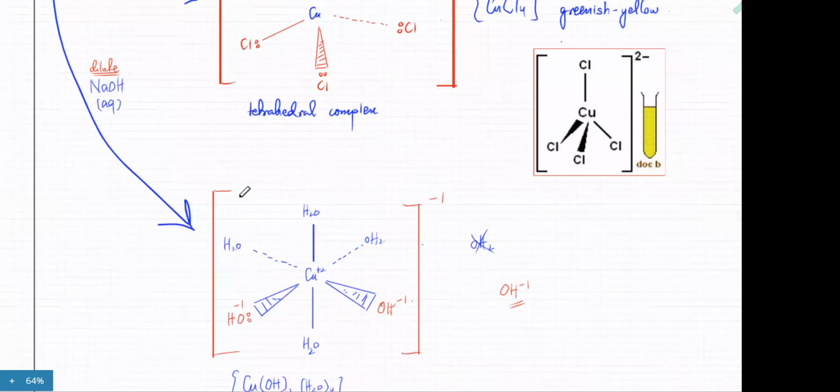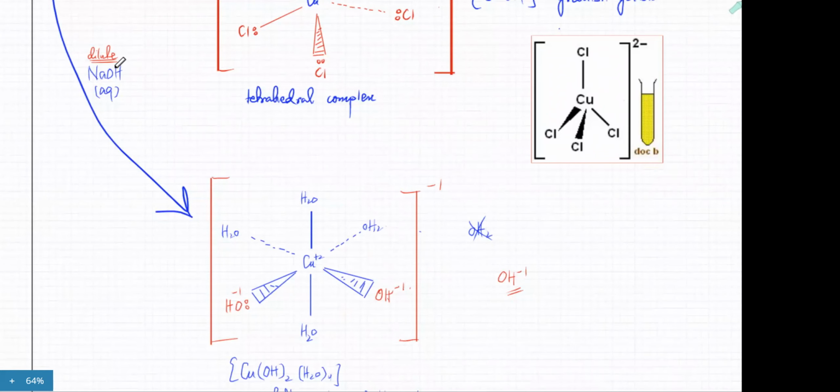Similarly, if you start adding dilute NaOH, that has OH-. So the water molecules get replaced by OH- ions. And this actually has no charge. So the overall charge would be 0 because copper is +2, OH is -1, OH is -1.